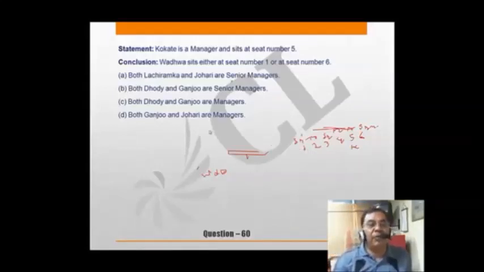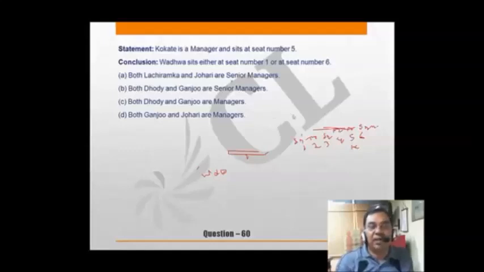Okay, Lachi Ramika and Johari are both senior managers, so they can be sitting anywhere, so we cannot say anything. I need a condition with Dhodi, then only Vadhva can come. Both Dhodi and Ganju are senior managers.